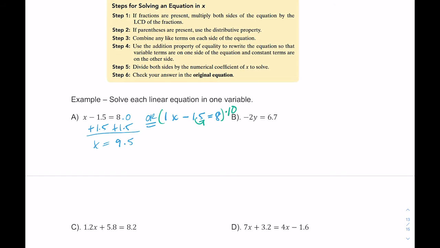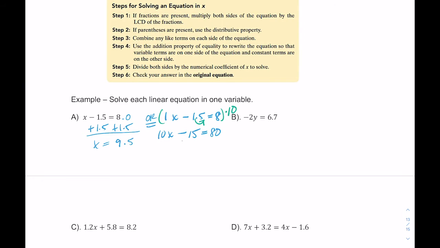But it does that for all of them. So you have to remember that this 10 is affecting everything in the equation because it's keeping it balanced. So we have to do 10 times 1, which would be 10, minus 1.5. If I move the decimal to the right one, I get 15. And then 8 times 10 is 80.